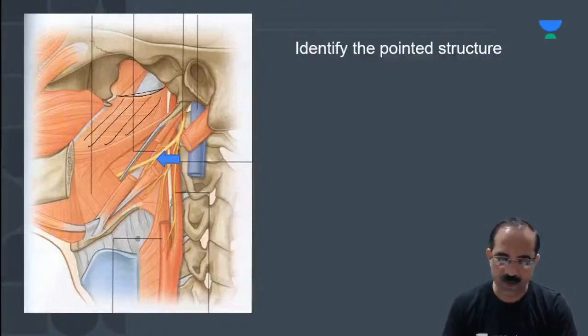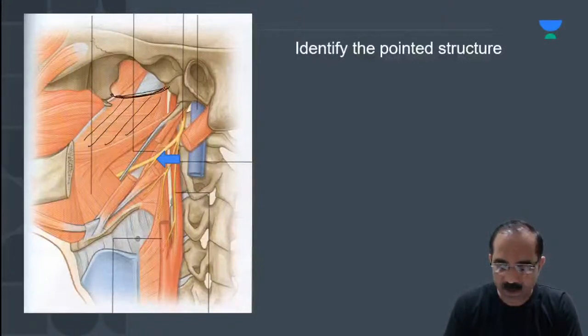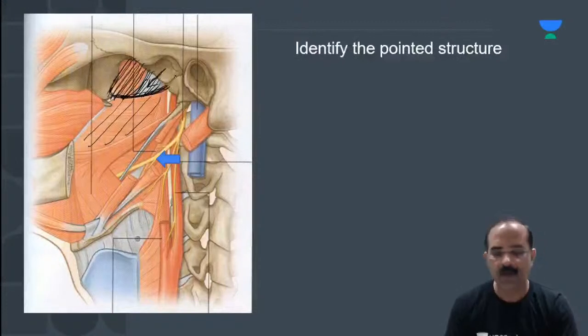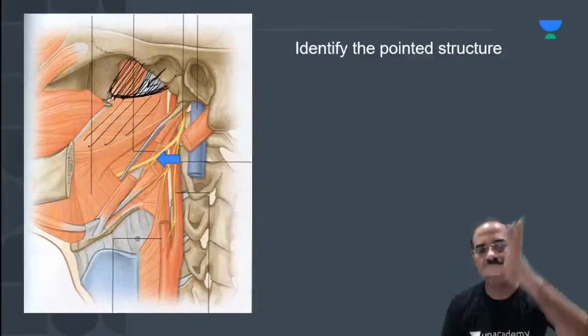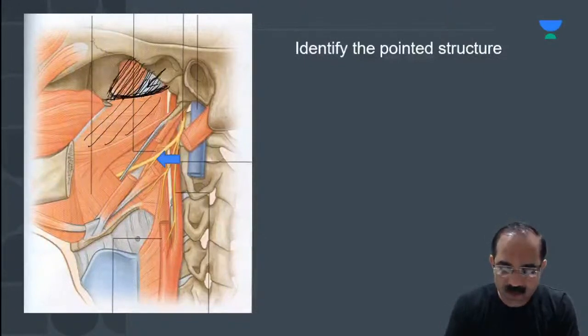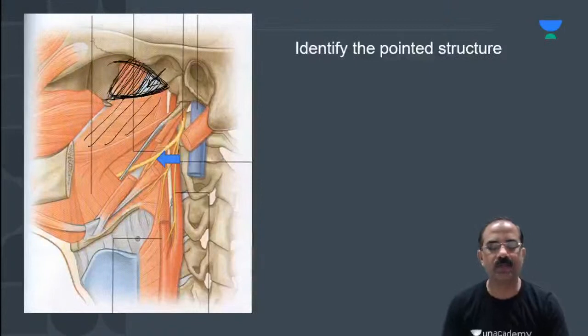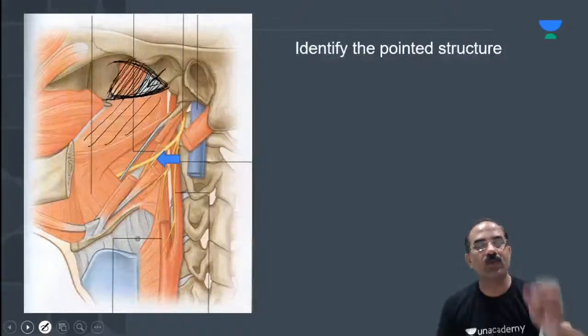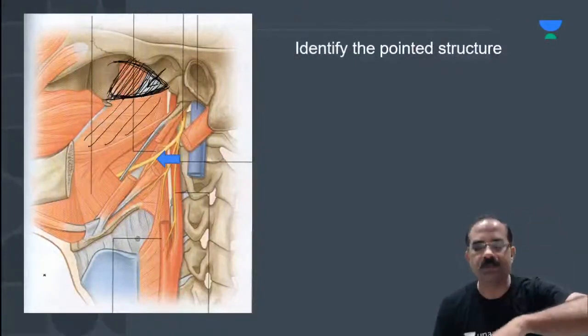Now you see, students, between the superior constrictor and the base of the skull, there's a gap here, and this gap is closed by a fascia. You can see this white colored fascia which covers the pharynx from inside, and that is the pharyngobasilar fascia. What is the name of the space?